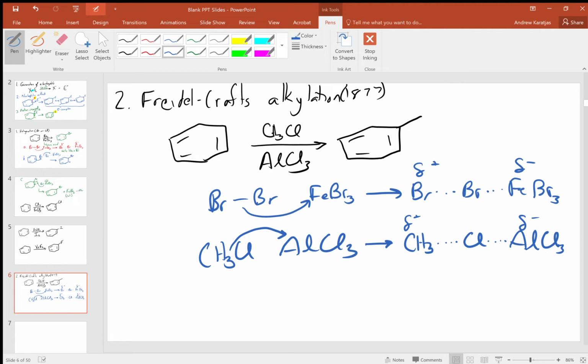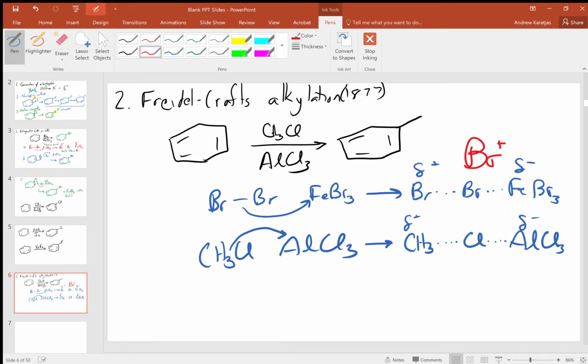Just like with the halogenation, we said that even though it's not actually a cation, it behaved as if it was Br plus.